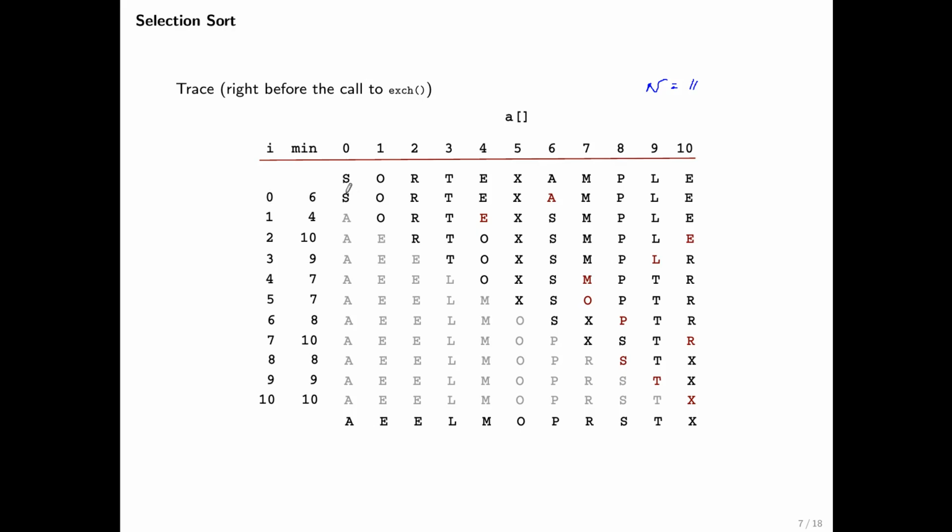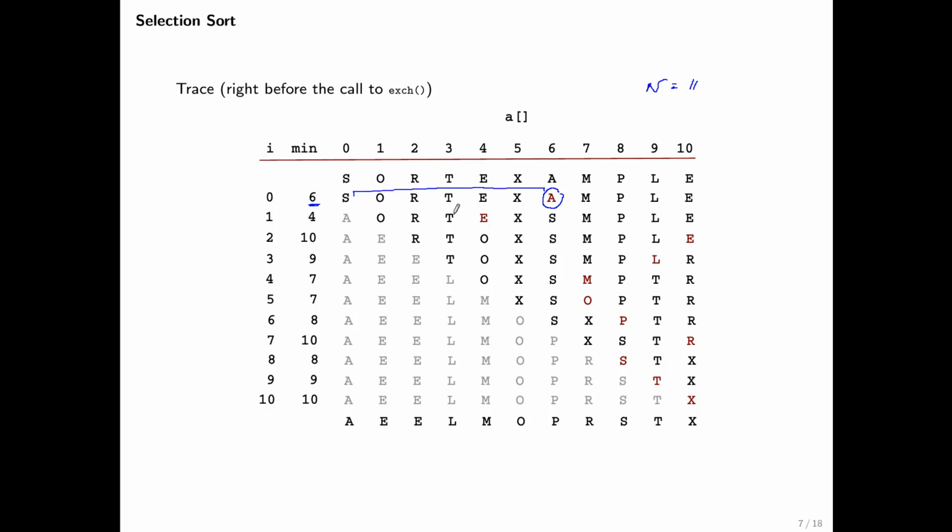Okay, so in the first iteration of I, what does the inner loop, the j loop, do? Well, it starts at I plus 1, which is 1, and simply scans the array and finds the smallest element. So which one is the smallest element? It's A, whose index is 6, right? That's why min is 6. And then what exchange will do is it will exchange the values in the array A at indices I and min.